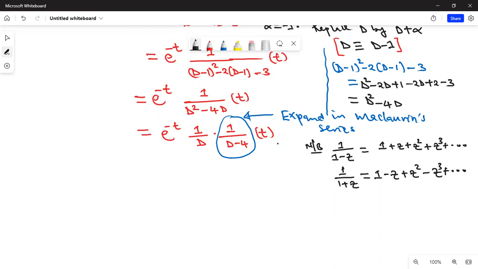So I have to write this in the form of 1 over 1 minus something, or 1 over 1 plus something. So what I need to do is to factor out -4 so that I can have 1 minus D over 4.